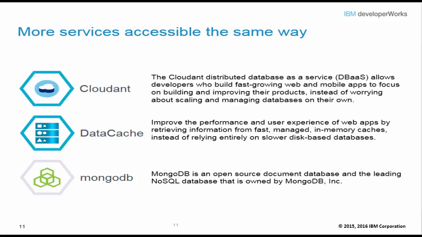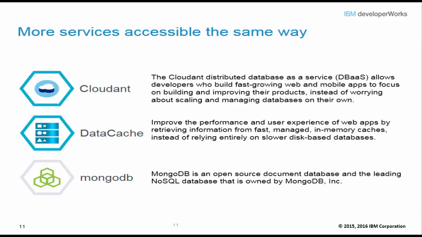Cloudant is a distributed NoSQL database as a service. It allows developers to build web and mobile apps without worrying about scaling and managing the databases, and also allows smart and fast database sync between local and remote copy of Cloudant databases.